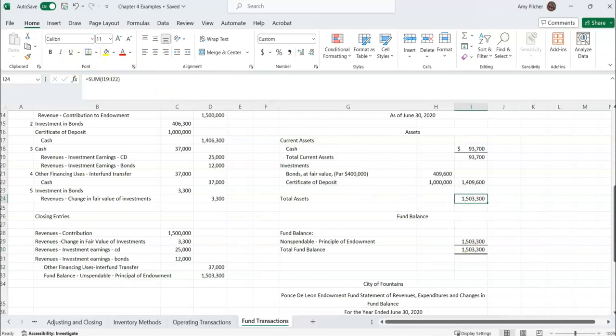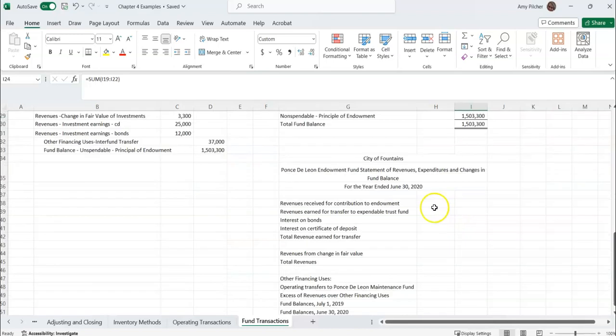Then next we look at the revenues, expenditures, and changes. So we received the contribution of $1.5 million.